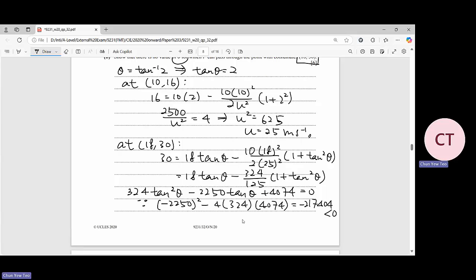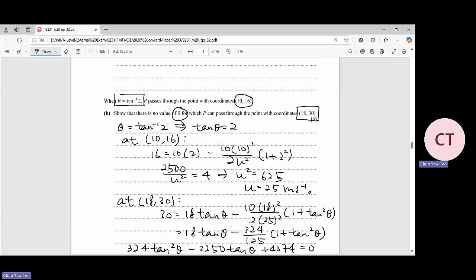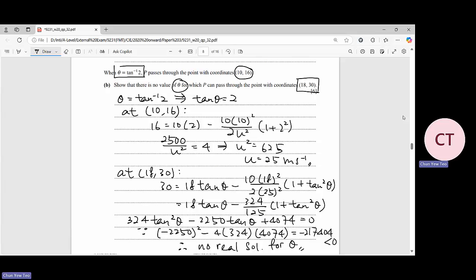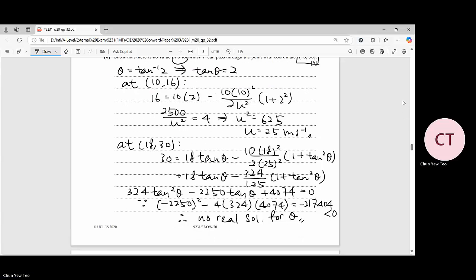Because the discriminant is less than 0, therefore, no real solutions for theta. So that's all. This is how you show that there's no value of theta for which P can pass through the point (18, 30). Now we move on to question number 6.